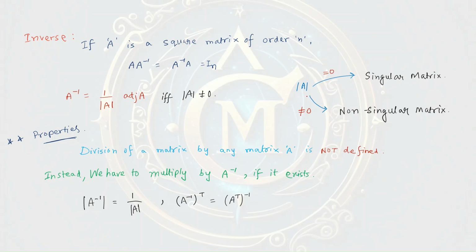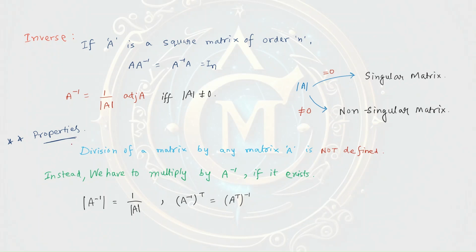Inverse of a matrix exists when determinant of that matrix is non-zero. If the determinant is 0, then we call the matrix a singular matrix because it has no inverse. And when the determinant of the matrix is non-zero, the matrix is accompanied by its inverse, so it is called a non-singular matrix. So this is the trick to remember these terms.